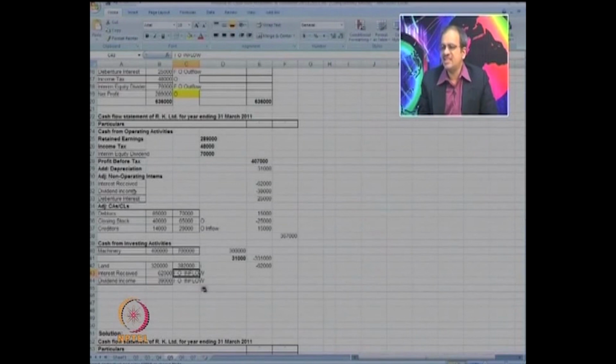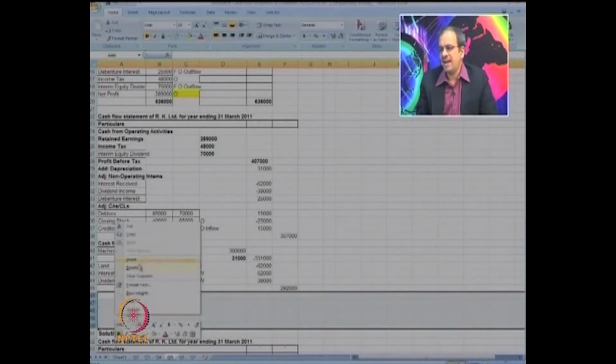We have already adjusted it in O. It will also be shown as I. You all know it's an inflow, so there is no need to find any difference. 62,000 is received by way of interest and 39,000 is received by way of dividend. So if you take the sum, you can see that overall minus 292 is the position as far as investing activities are concerned.